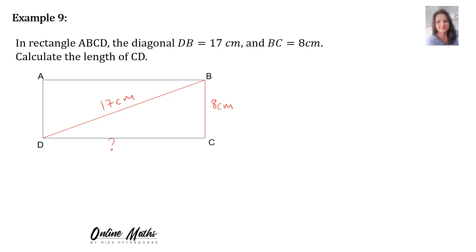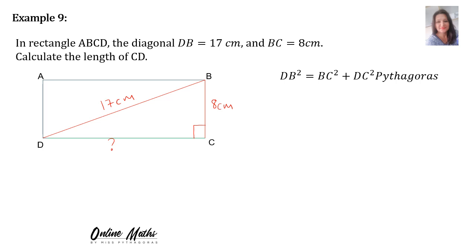So what you find is a rectangle. Inside a rectangle, there's a right angle, a 90-degree angle. So to find DC, or CD rather, we're going to use the theorem of Pythagoras. And the theorem of Pythagoras says hypotenuse squared, which is DB squared, is equal to BC squared plus DC squared.